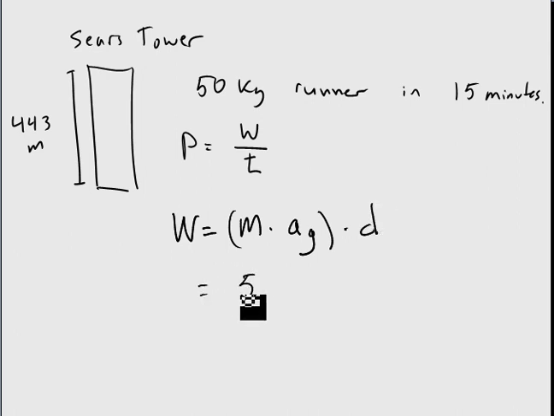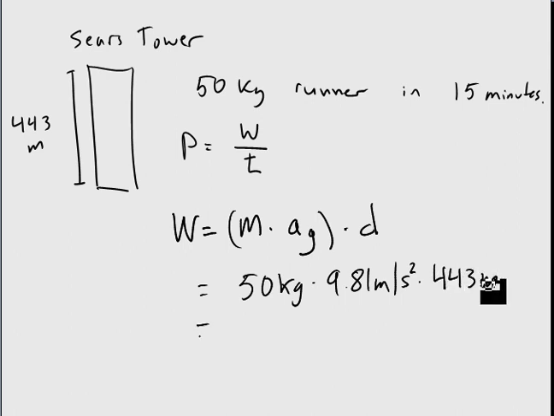So for us, that's going to be 50 kilograms times 9.81 meters per second squared times 443 meters. And that's going to give us 2.17 times 10 to the 5th joules.